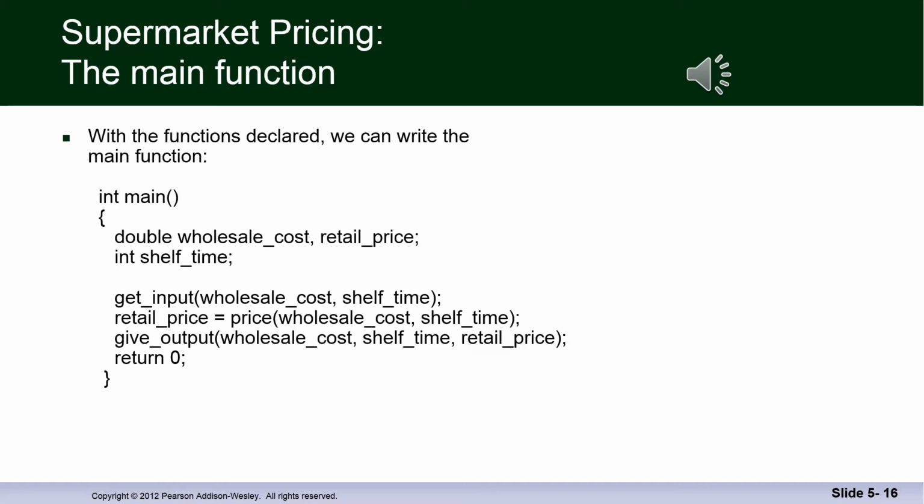You call getInput with wholesale cost and shelf time. You call retail price equals a call to price with the arguments wholesale cost and shelf time, and then giveOutput generates the output, returns 0, program is done.